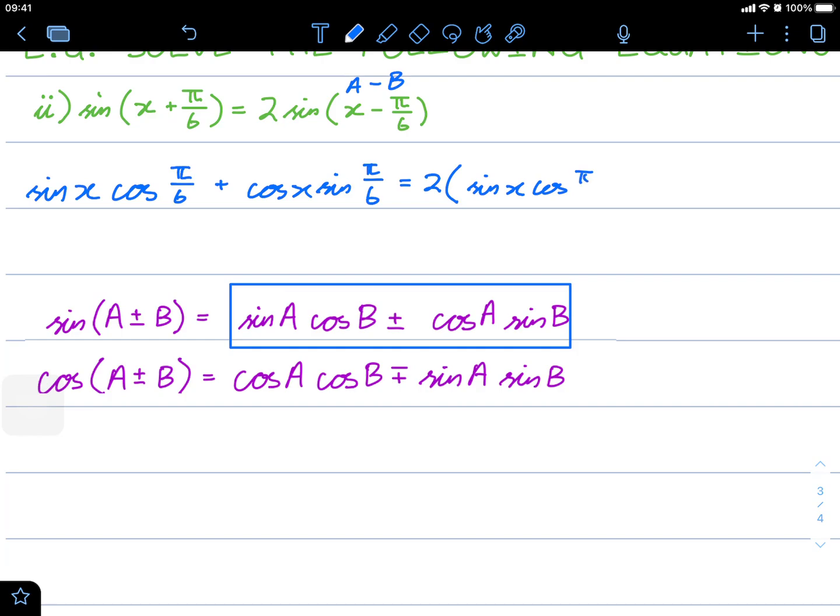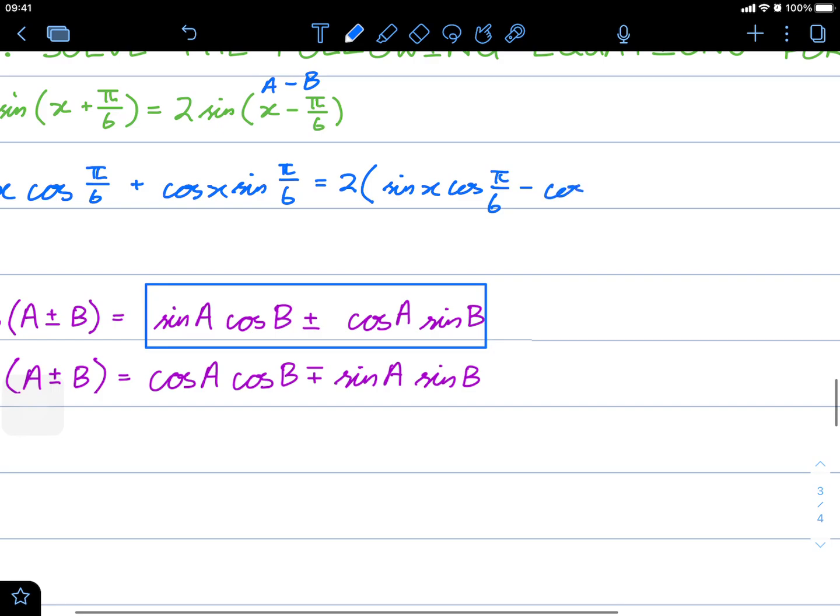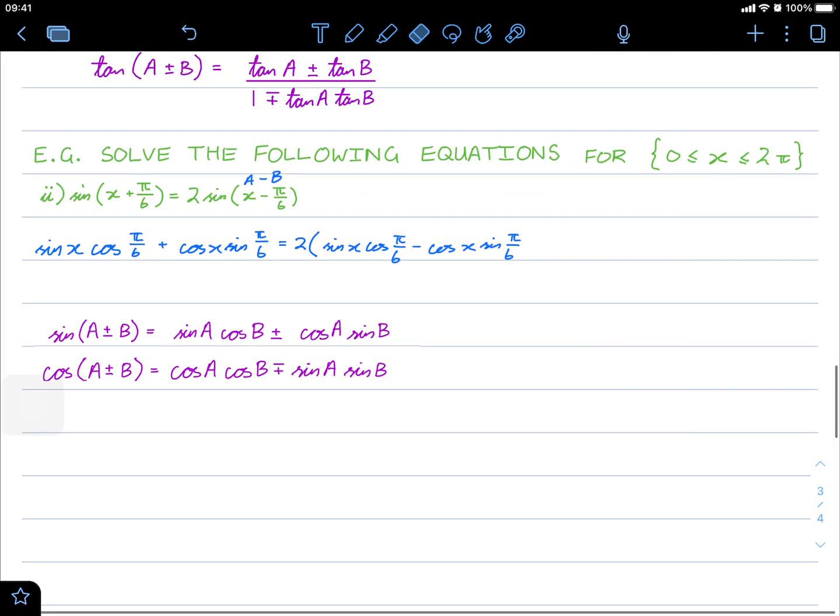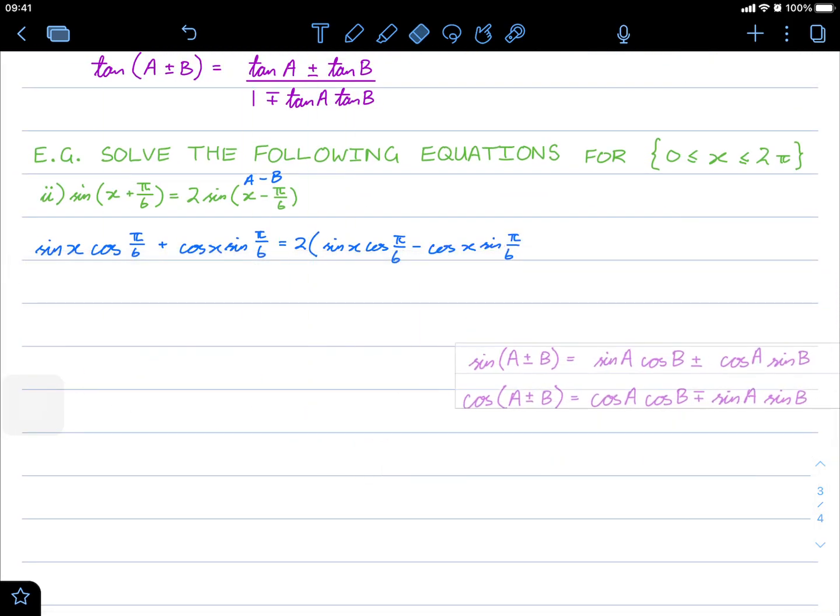Since it's minus, the identity requires it to be a minus as well. So minus cos of a, which is x again, times sine of b, which is pi on 6. And that there is the expansion using the identity.